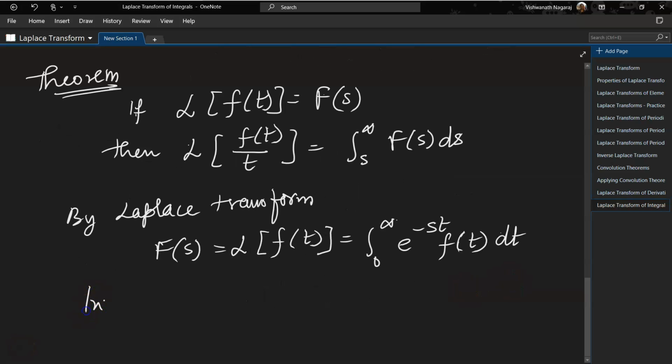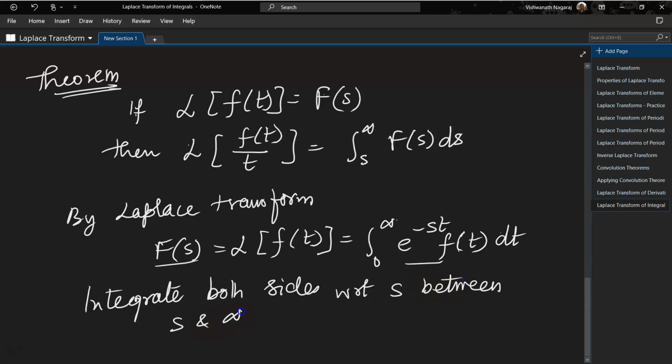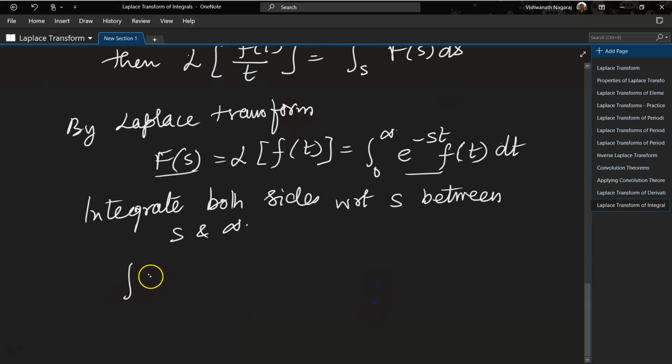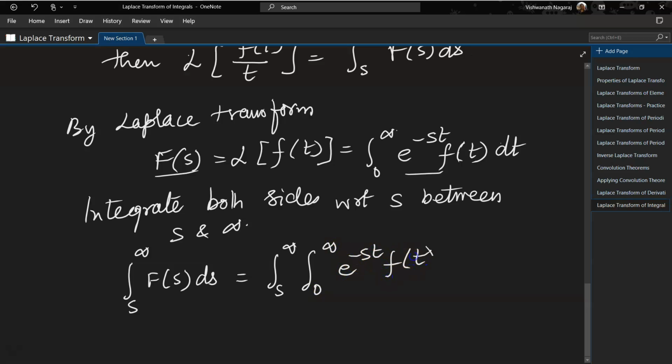Now let's integrate both sides, this one and this one, with respect to s between s and infinity. So integral of F of s from s to infinity with respect to s is equal to integral s to infinity of this, which itself is an integral 0 to infinity of e to the power of minus st f of t dt.